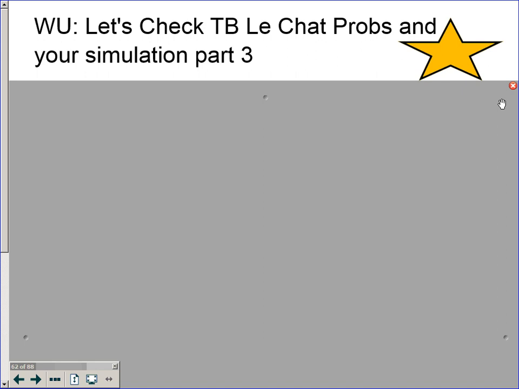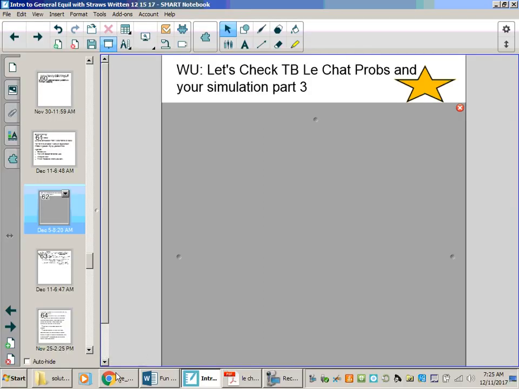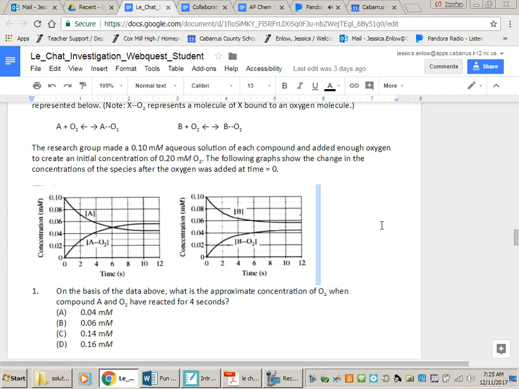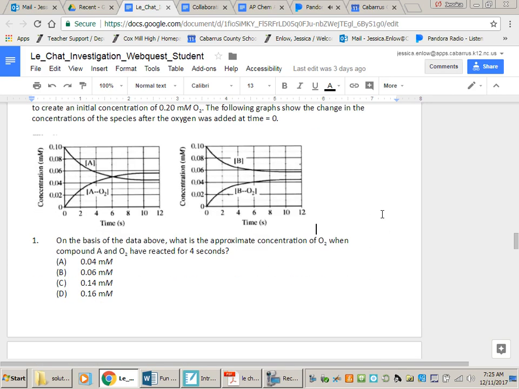The answer is D, because at the part on the graph where it says time 4, it told you initially, and I'm going to write it on the board so my viewers at home can't see this, so maybe take a couple notes for them if you can. You had the reaction A plus oxygen equilibrates to AO, or A bonded to O. What did you have initially for A?